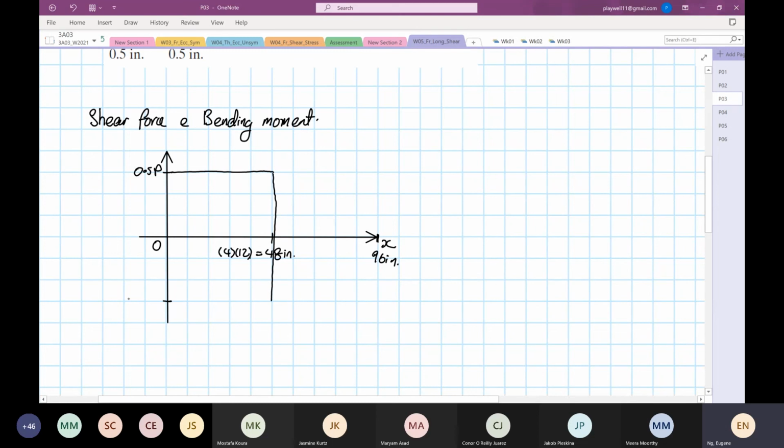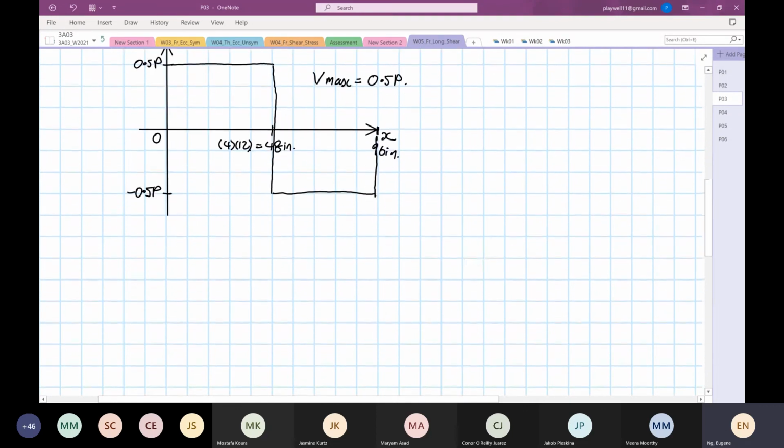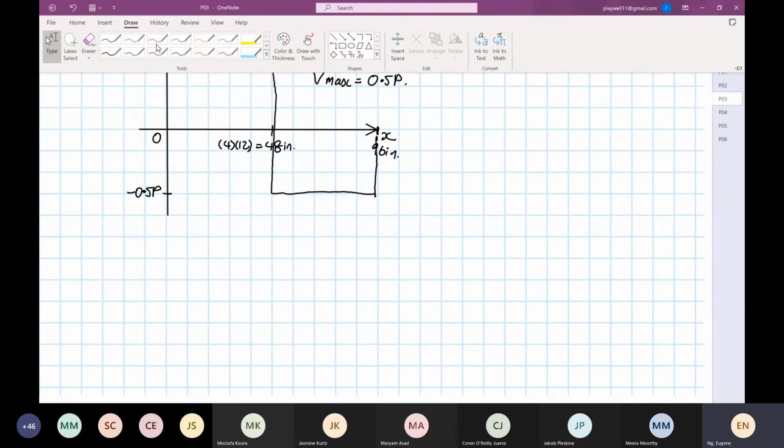So over here we have minus 0.5 P, going horizontal, then back up. So we know that our Vmax is equal to 0.5 P for this case. Okay, and then from here, we can construct our shear force diagram.